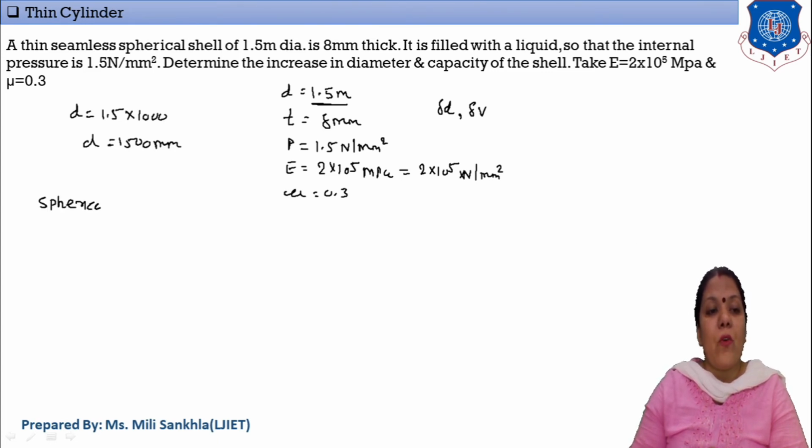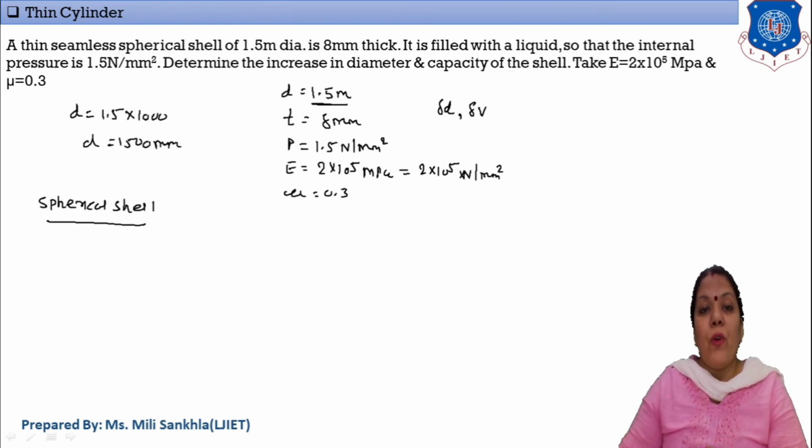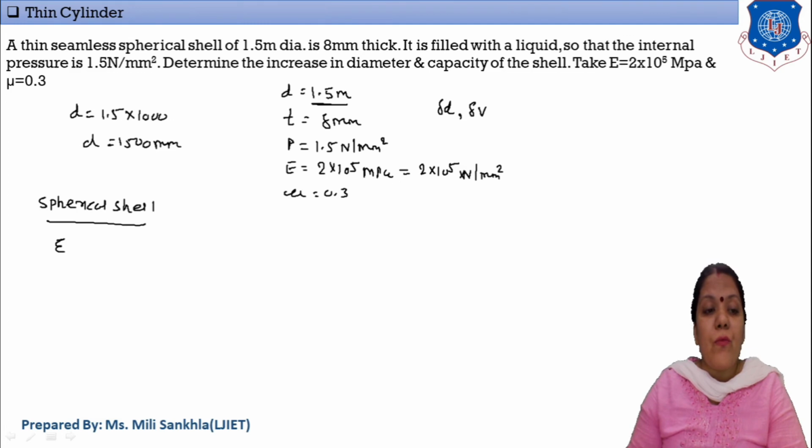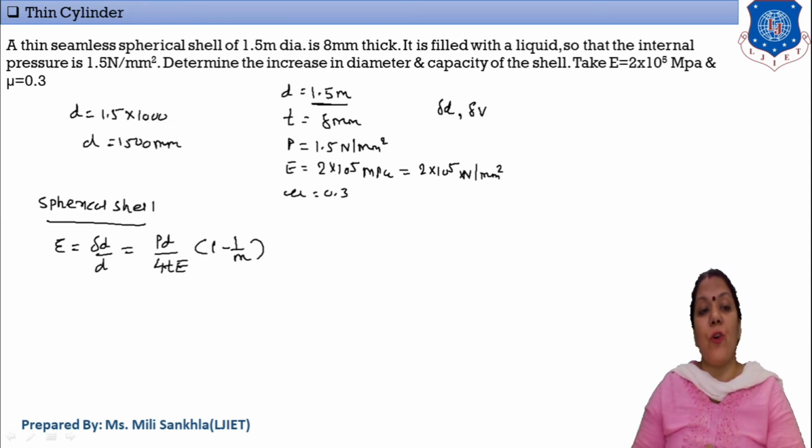Now our spherical shell equations are different from thin cylinder. First we find del D. What is the equation of strain? Strain for a spherical vessel is del D by D is equal to PD by 4TE into (1 minus 1 by m). This is the equation of strain.